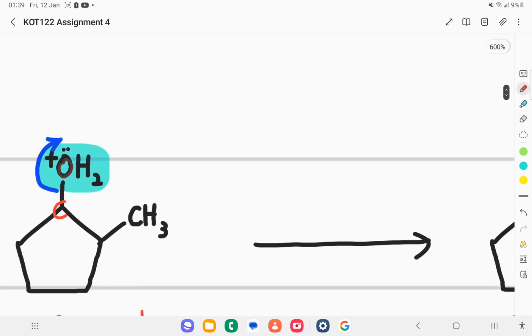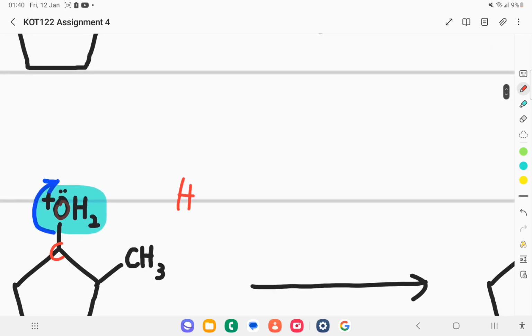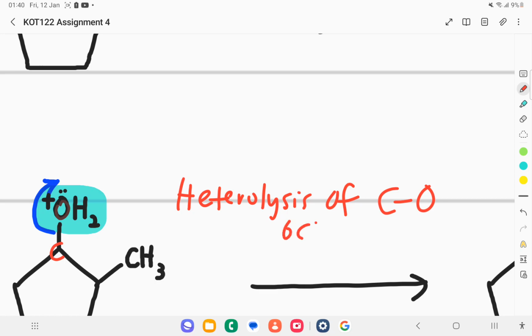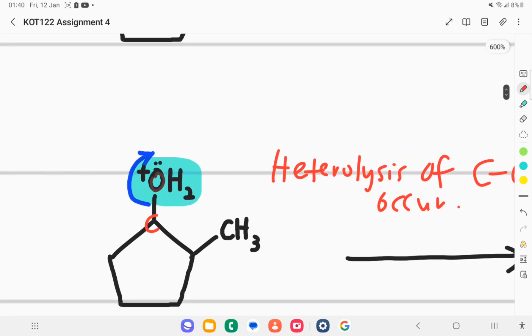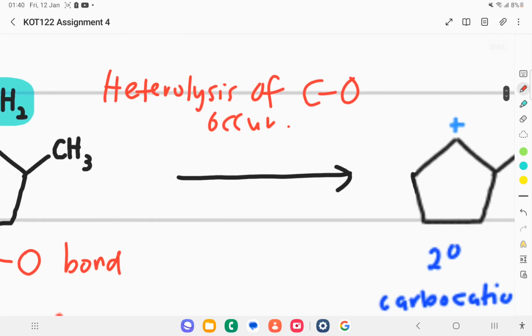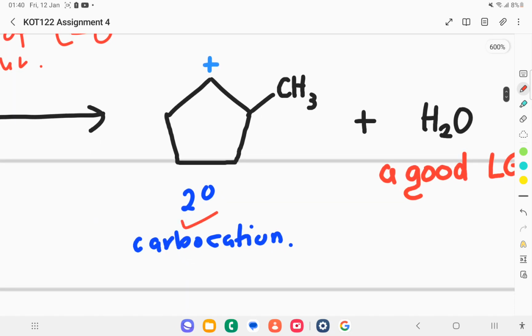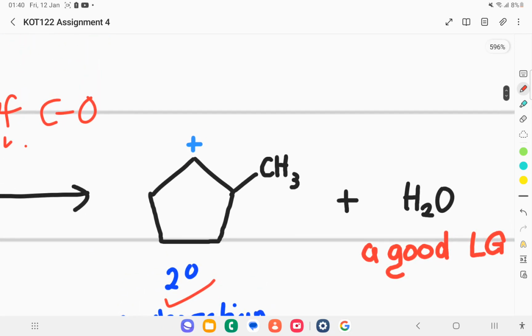This is what we call the heterolysis of the C-O bond, forming a secondary carbocation. Why secondary?